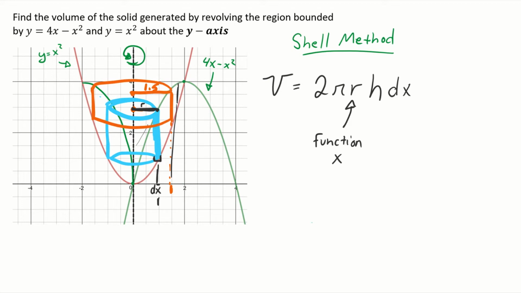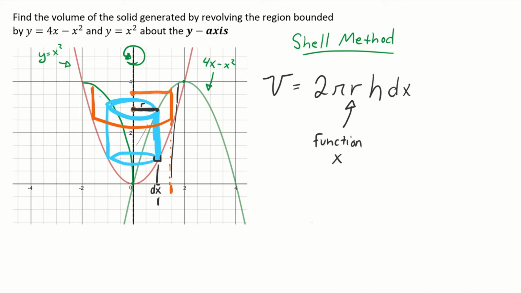But your radius is always going to be that variable which you are integrating with respect to. Then there might be a plus or minus of that axis about which you're revolving around. In this case, we're revolving around the y-axis, so it's easy. Our radius is just x.